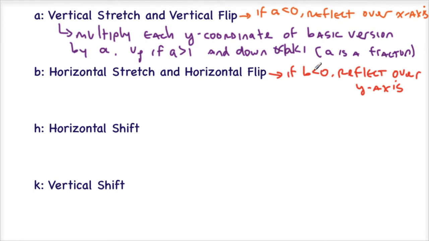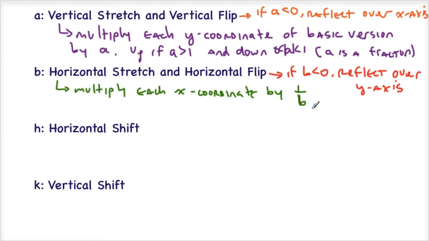But again, if B is less than 0 or a negative number, that's where we're going to do our horizontal reflection. Now, if we're doing a horizontal stretch here, this is kind of where it gets a little confusing, what we're going to do is multiply each x coordinate of the basic version by 1 over B.